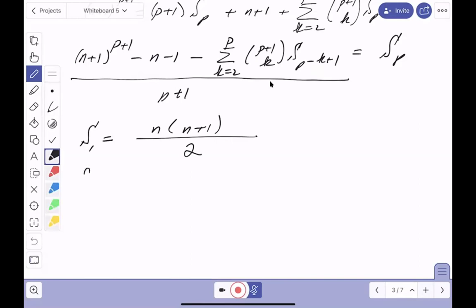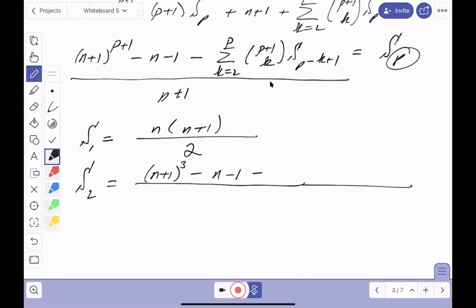Well, let's write down S2, see if we can do that. And again, we're looking at this over here, what the P is. Well, the P would be 2. So what do you get over here? N plus 1 cubed minus n minus 1 minus, remember, P is 2, right? So we're going to start at 2. And we're going to stop at 2.